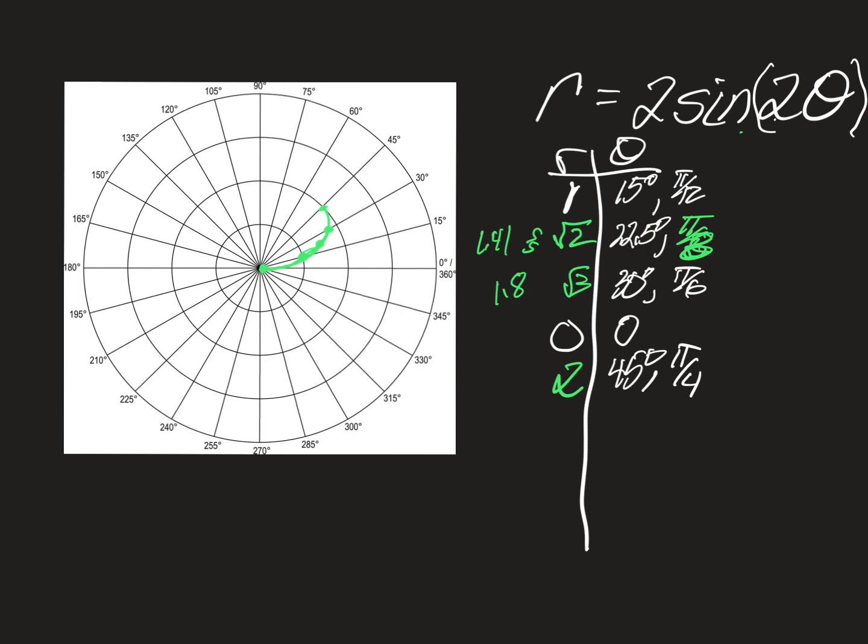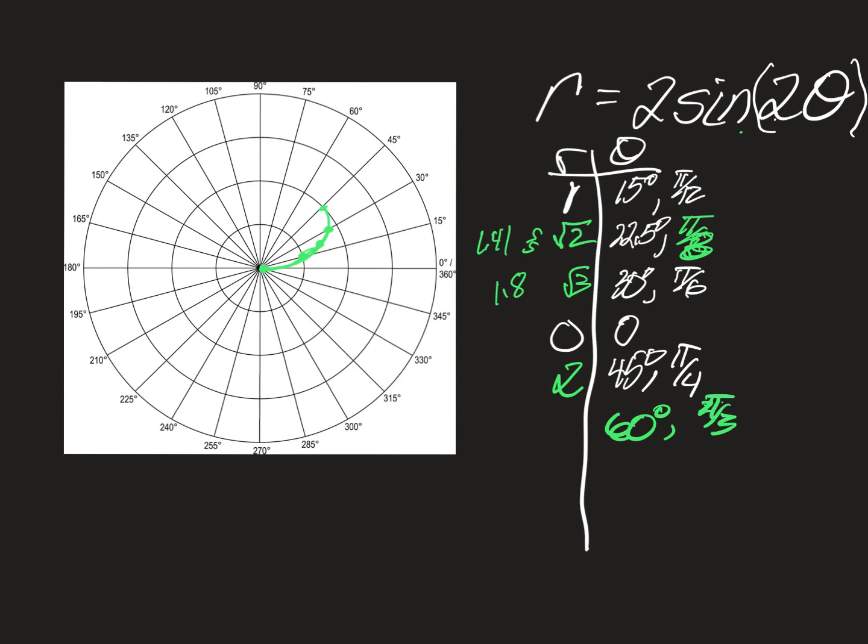So, as you can see, we're now following through. And you see what I do by keeping track? I'm drawing this as I go. Now we would go the next 45 degrees, right? So 45 gave us this, and now we would go to 60 degrees, which is pi over 3, okay?